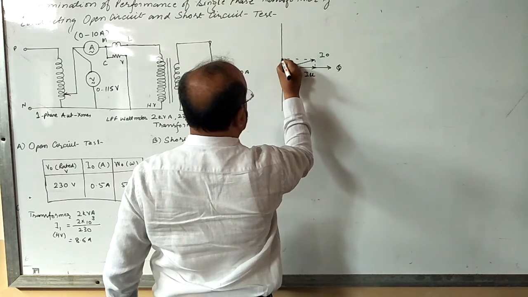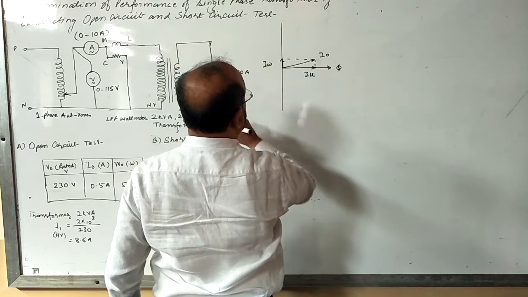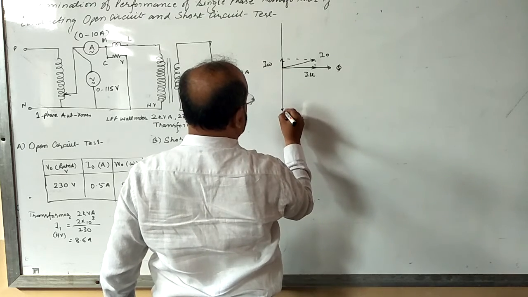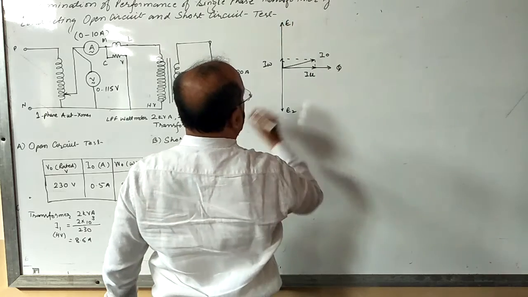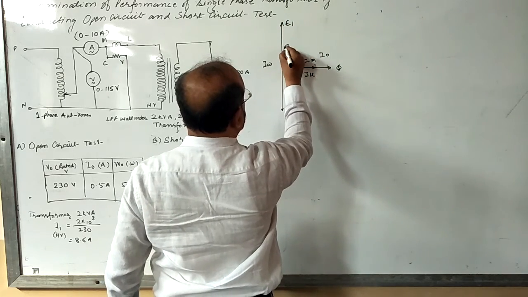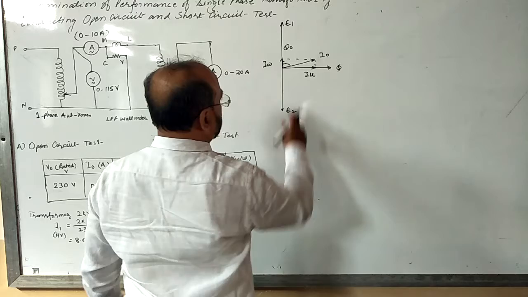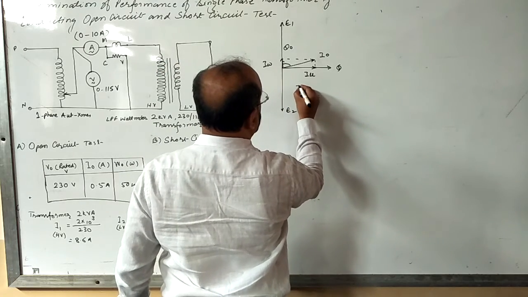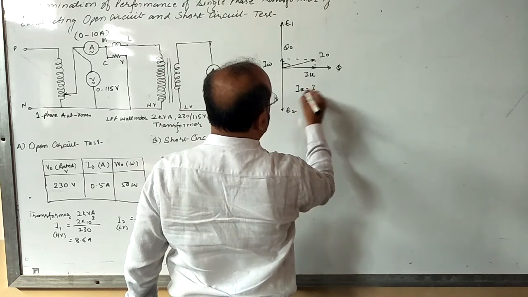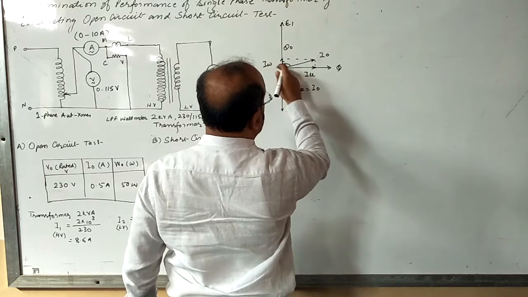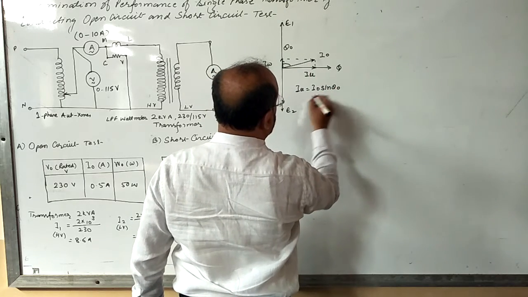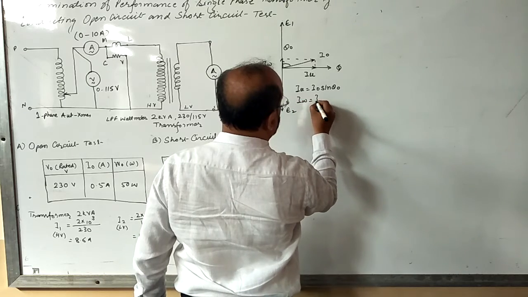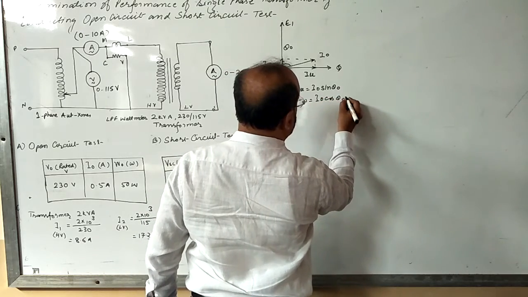This component is IW, which represents the core loss component, and this is theta 0. So I mu is equal to I0 sin theta 0, and IW is equal to I0 cos theta 0.